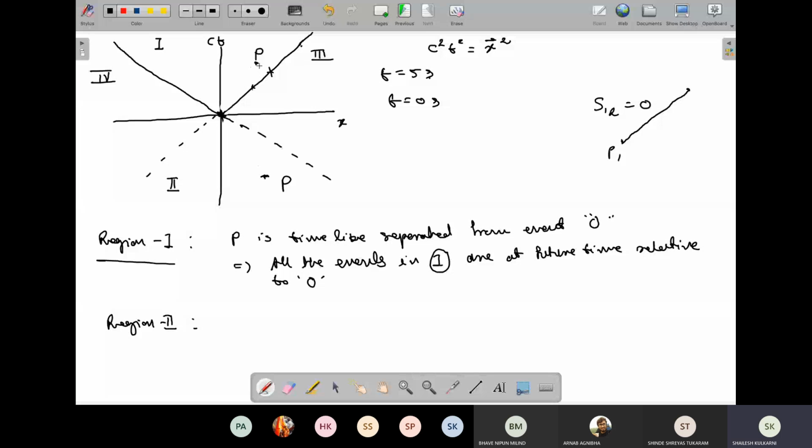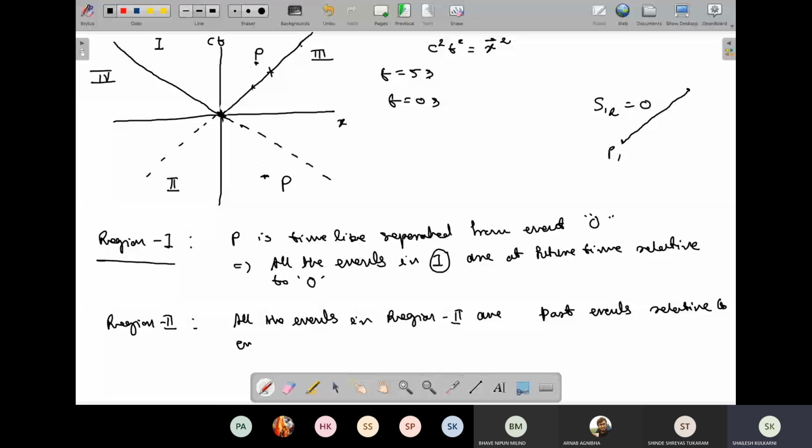So all the events in region 2 are past events relative to event O.